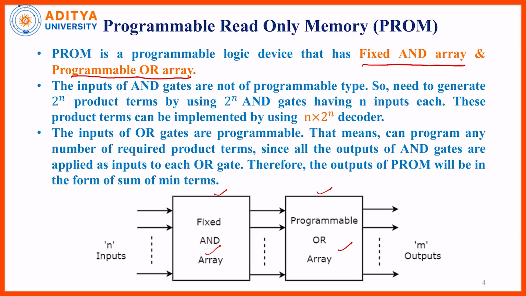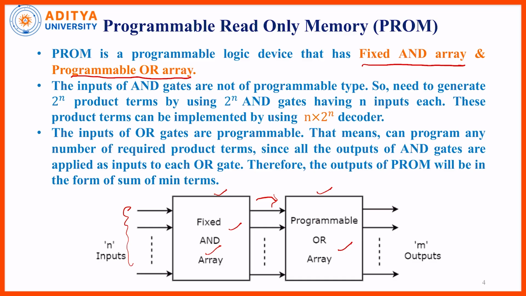The inputs of the AND gates are not of programmable type. If we consider that there are n inputs, the outputs are directly connected to the inputs of the programmable OR array. This is what we call the fixed AND array.